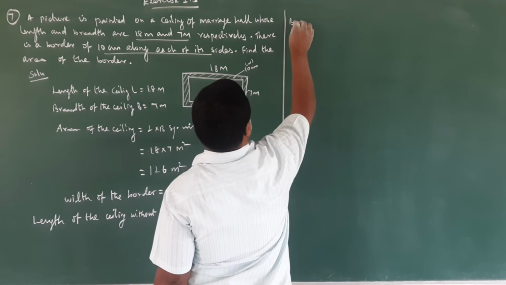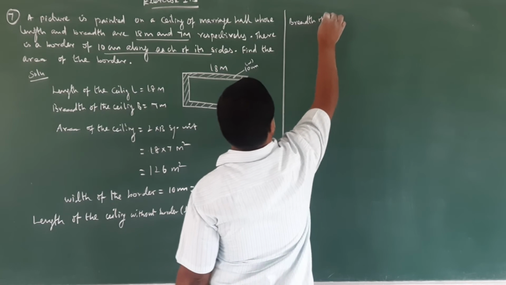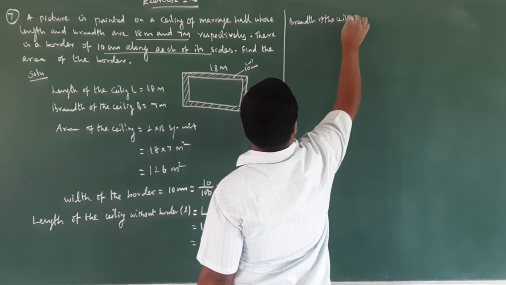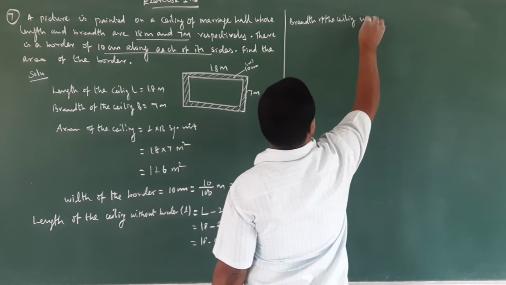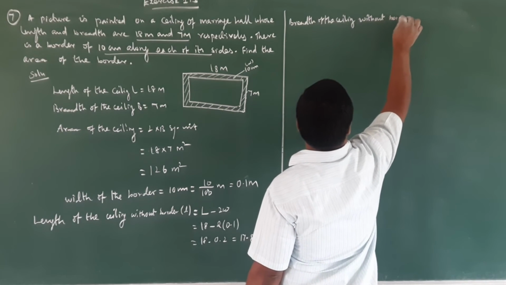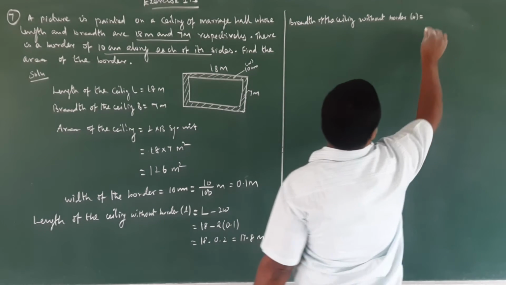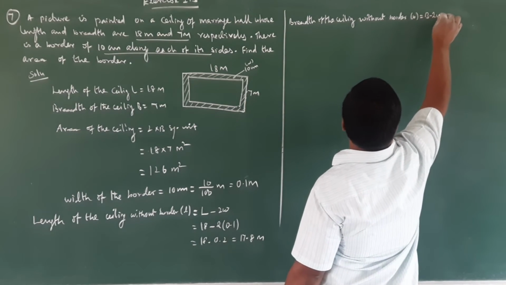Now breadth of the ceiling without border. Small b equal to capital B minus 2W.